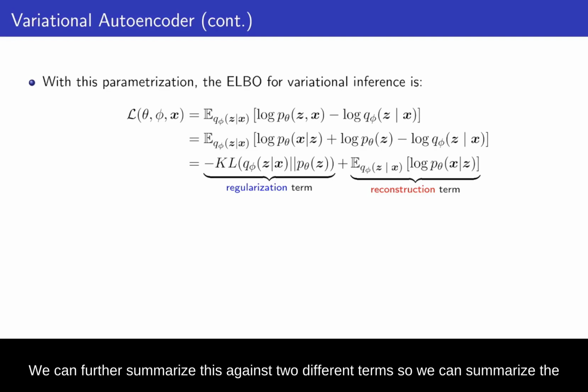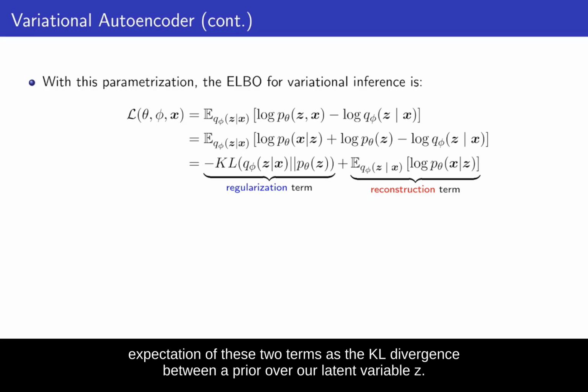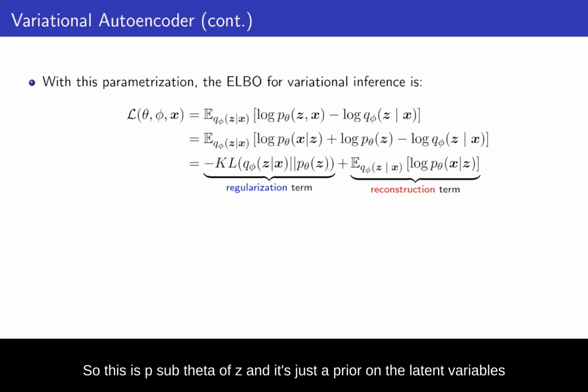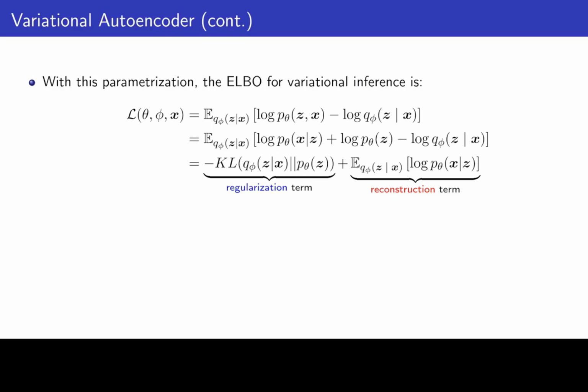We can further summarize this into two different terms. We can summarize the expectation of these two terms as the KL divergence between a prior over our latent variable z, this is p sub theta of z, just a prior on the latent variables, and our approximate posterior, the q sub phi of z given x.